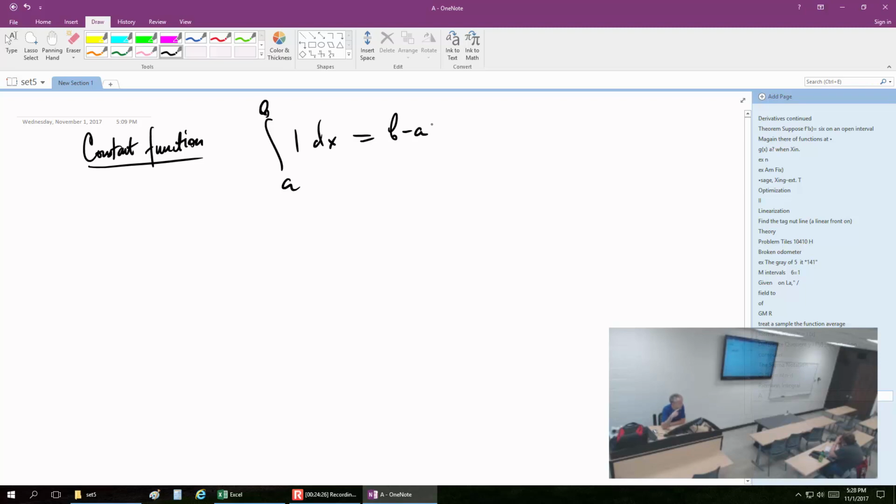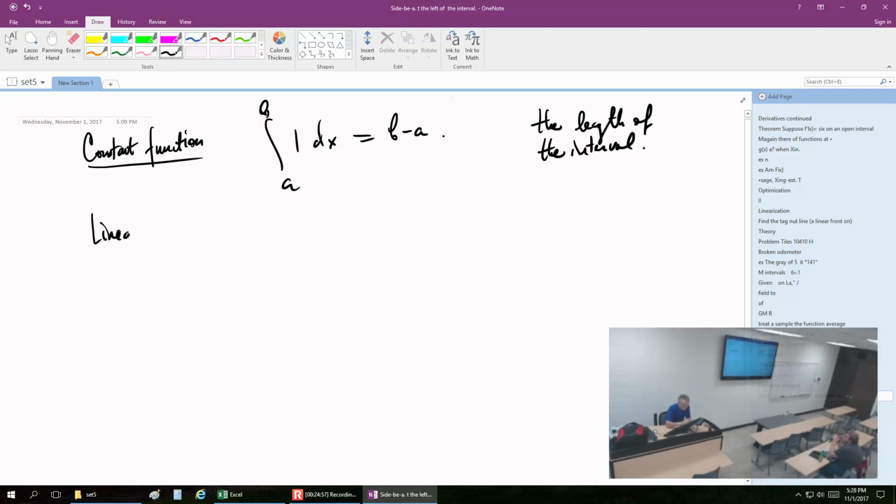So 1 is a constant function, so it certainly is integrable, and when you evaluate that integral, you end up with the length of the interval. That plus some of the algebraic properties will give us those 2 algebraic properties that we have.